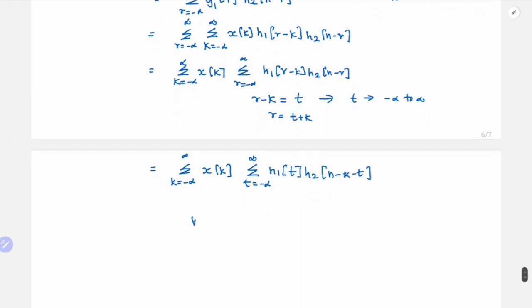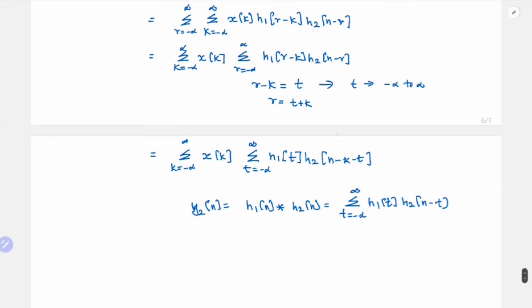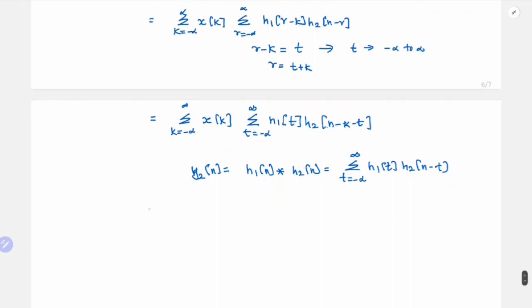So if I call y2 of n as h1 of n convolved with h2 of n, and write it as summation t equal to minus infinity to infinity, h1 of t, h2 of n minus t, then what is this inner sum looking like? It is looking like n replaced with n minus k. So this is nothing but y2 of n minus k.